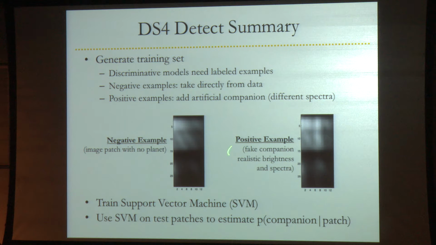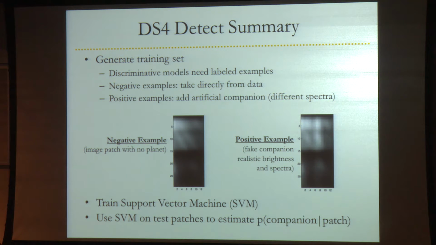But to train your discriminative model, you will need positive examples. This relies upon you generating a whole set of positive examples by inserting fake companions with realistic brightness and realistic spectra. In practice, they had a distribution over spectra, which they sampled from. They took a particular spectrum, used that to create a particular example, and did that again and again.